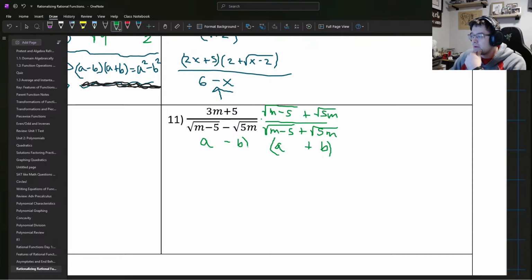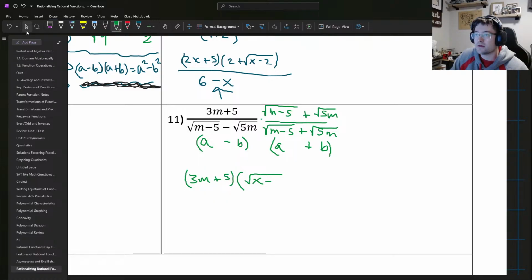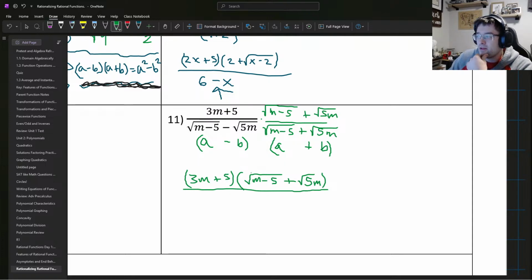When they multiply, you'll get your a squared minus b squared. I'm fine with leaving the numerator as just a binomial times another less manageable binomial, but it's okay if those square roots are in the numerator. They can stay up there.